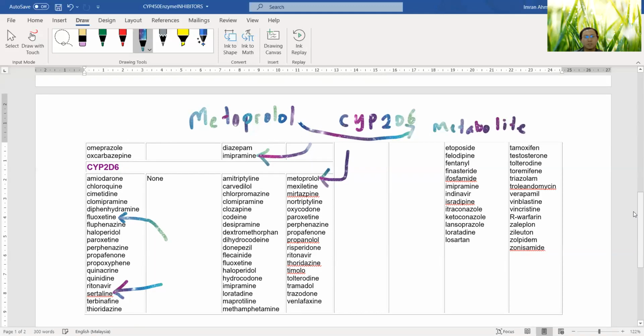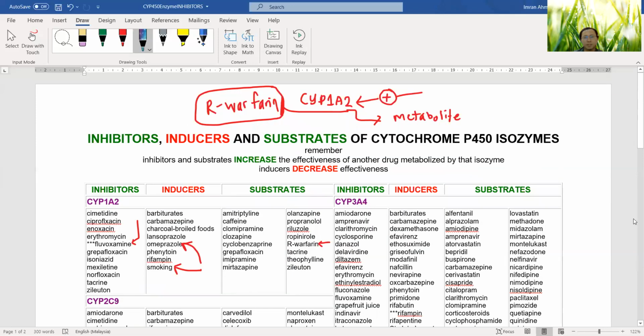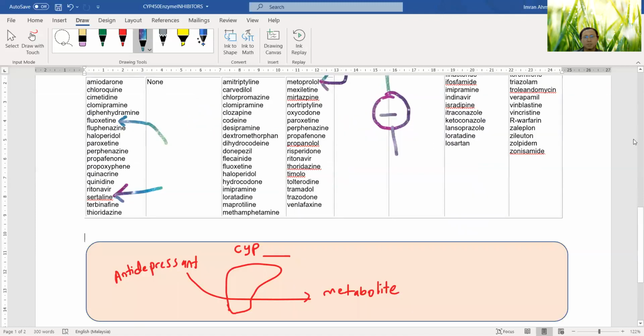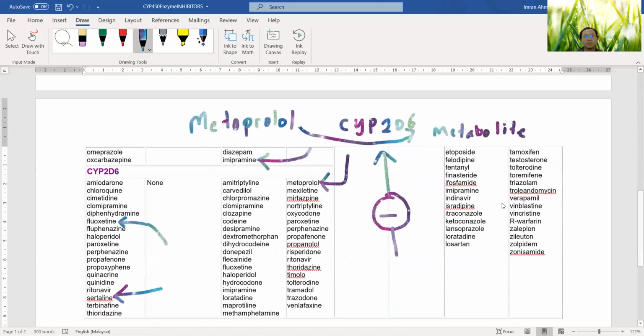If you give fluoxetine, an antidepressant, it is an inhibitor. So you are going to get less metabolism of metoprolol. Metoprolol is going to be there for a longer time, so it might cause adverse effects. Whatever adverse effects someone is having from metoprolol will become worse when you give a CYP2D6 inhibitor.